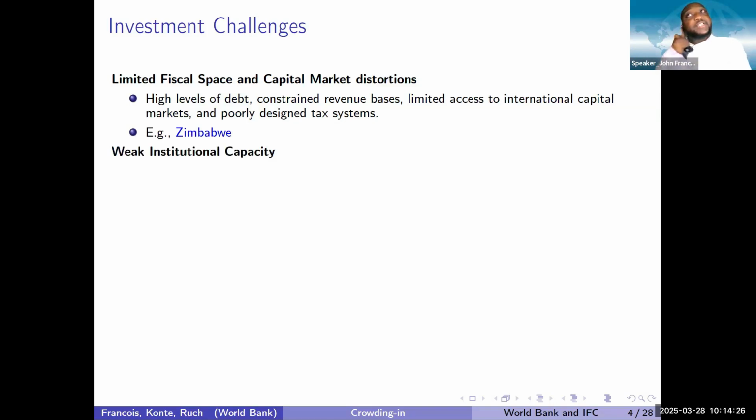An example is Zimbabwe, that for a very long time did not have access to the international capital market until recently, I think in 2024, and now I think in January 2025, they are putting in structures in place, including restructuring debt, amongst other things, in order to be able to get access back to the international capital market. Now, I don't know whether they are back fully, but I do know that there's work being done in order to help them be able to access the international capital market.